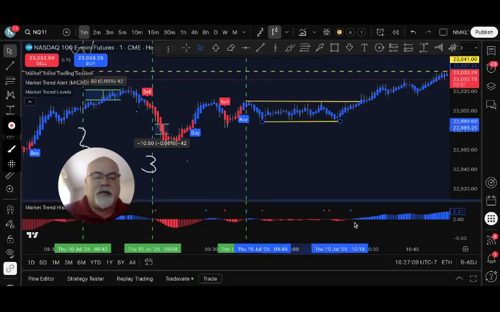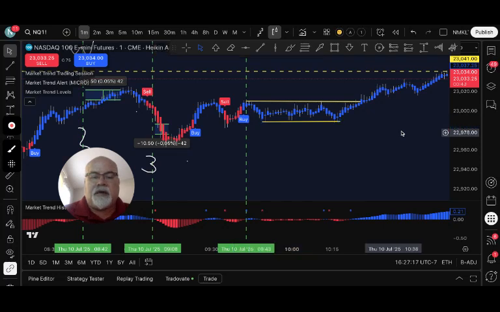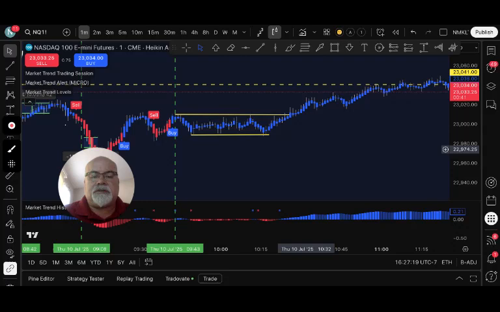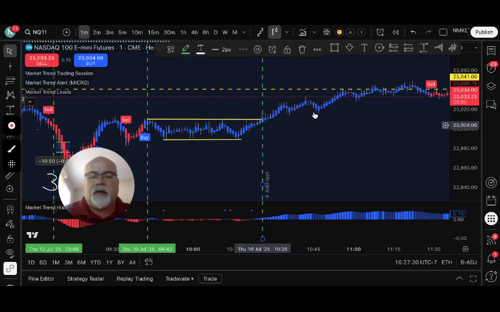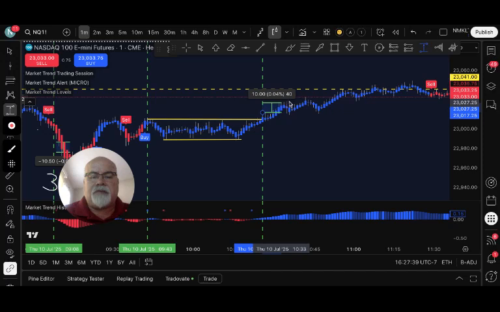So we finally get another flip here. This thing starts moving up, and it goes through this support or this resistance line here, and then that means I'm going to get in right here and simply again put my buy stop at the top there.